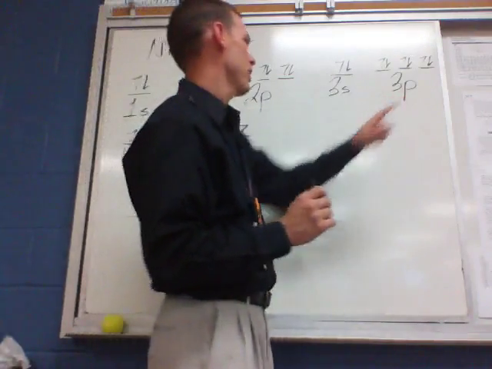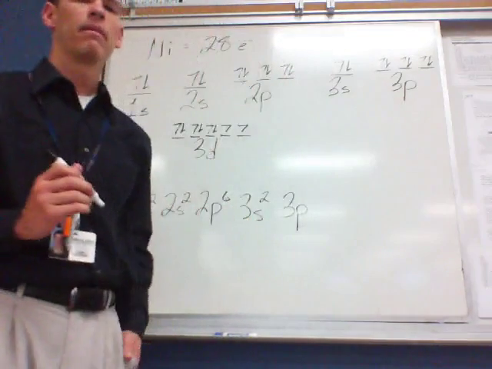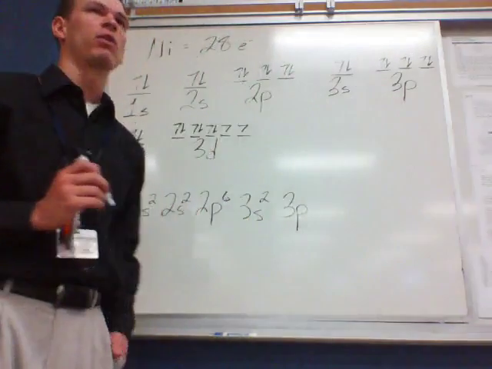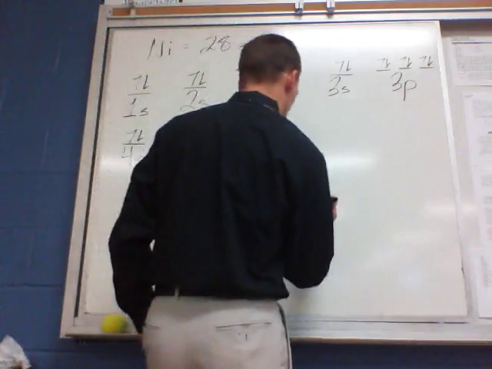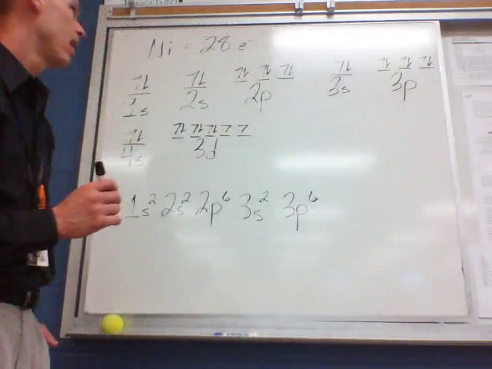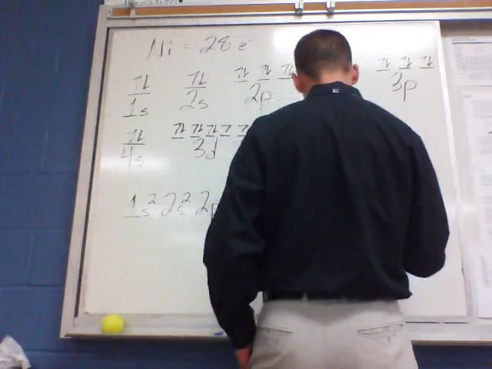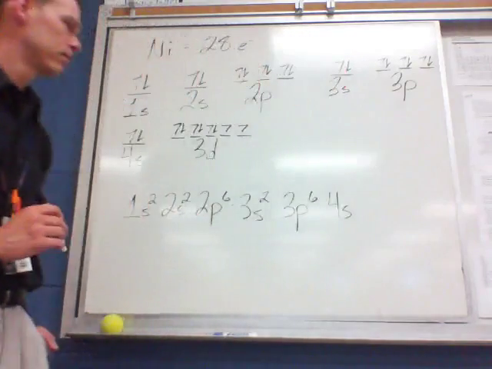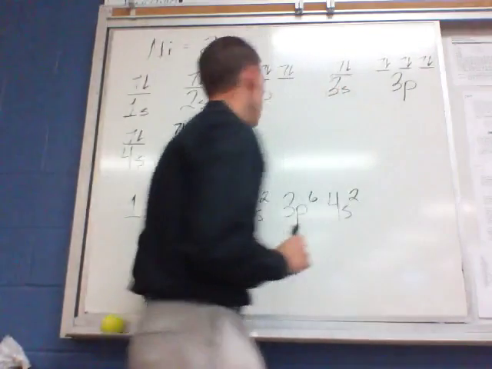After 3s came 3p. How many electrons did we draw for 3p? So 3p6. Very repetitive, right? After 3p came 4s. And there's 2 electrons there.